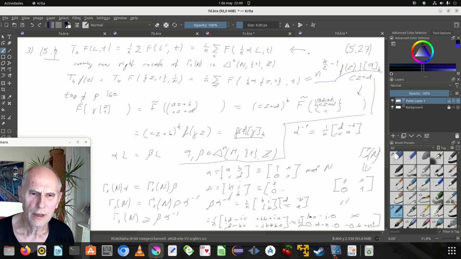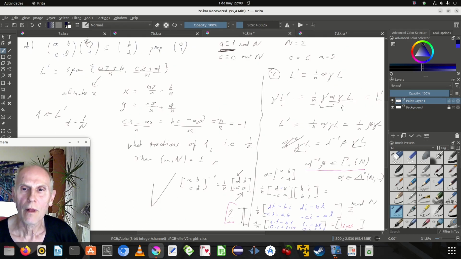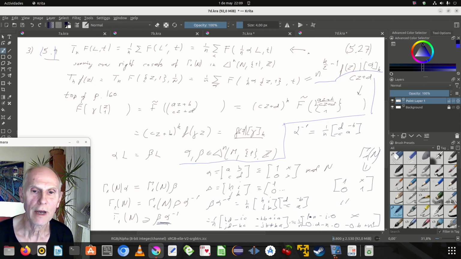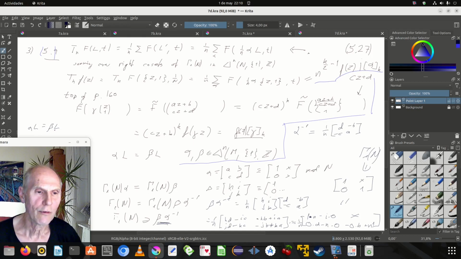The only thing I'm having trouble with, that's showing that this guy actually lies in gamma, that it has integer coefficients. We know, of course, that the determinant is unity. I need a little space to write. So we have alpha L equals beta L, and they operate on L from the left.